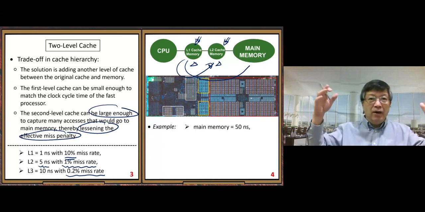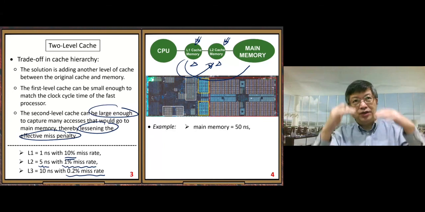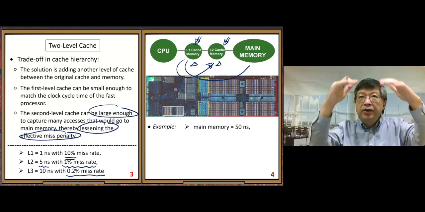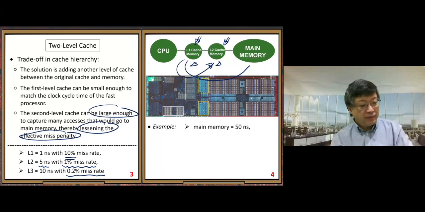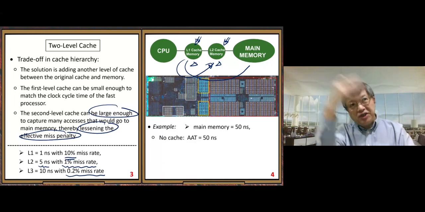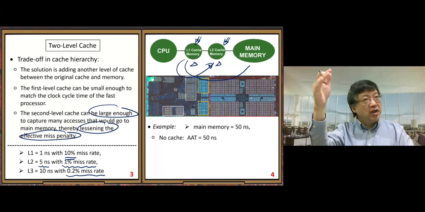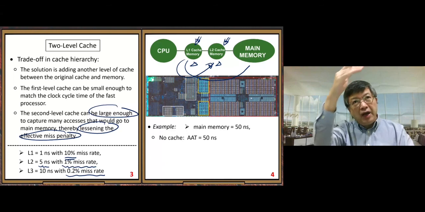All right. Now, let's put things together and do comparisons. We compare the overall memory access time. First, no cache, just access directly from main memory. What's the AAT? Average access time.